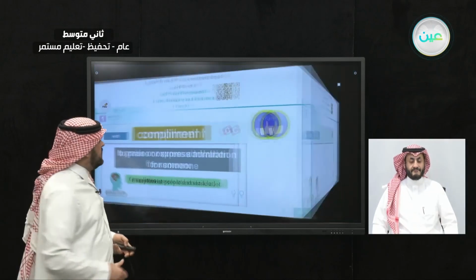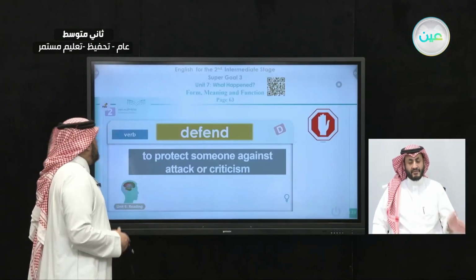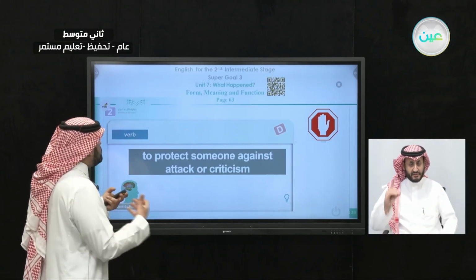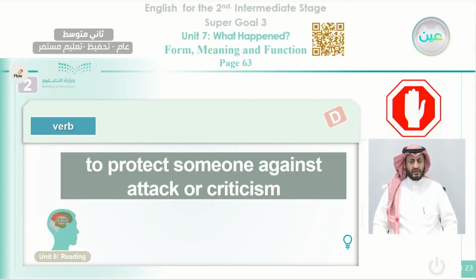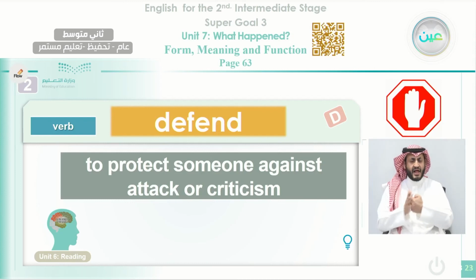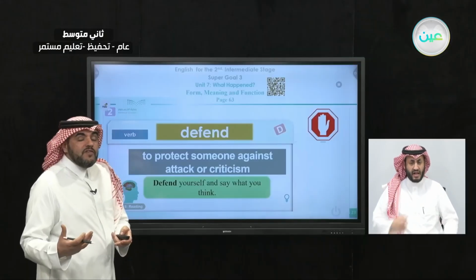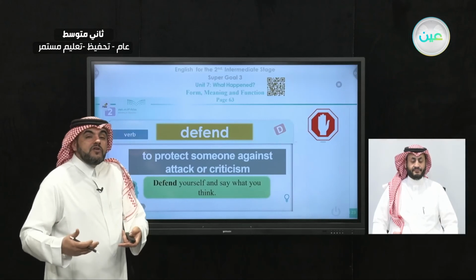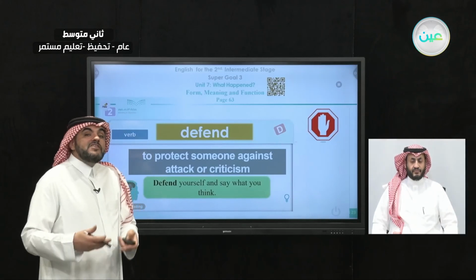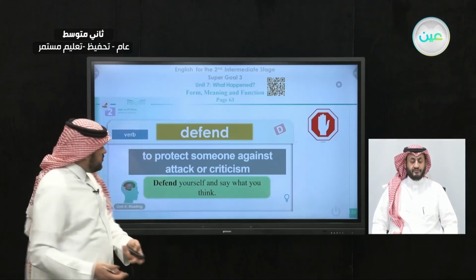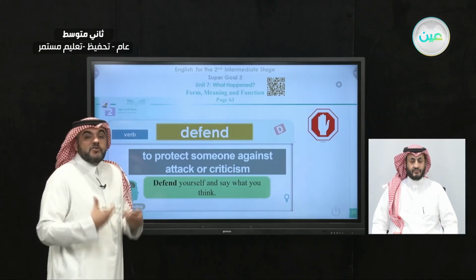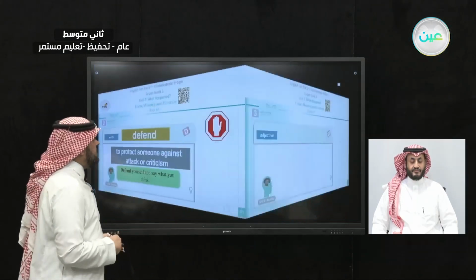And here we have another verb, to protect someone against attack or criticism, that is "defend". To defend yourself means to protect yourself. Okay, defend yourself and say what you think. This is also one of the pieces of advice that you need to carry out when somebody says bad things about you. You have to defend yourself, to protect yourself against this person.